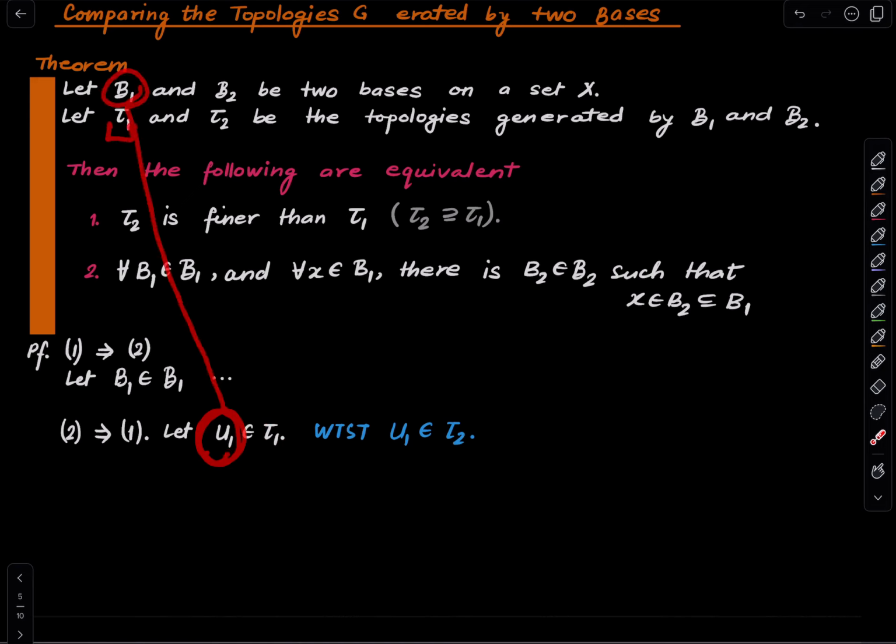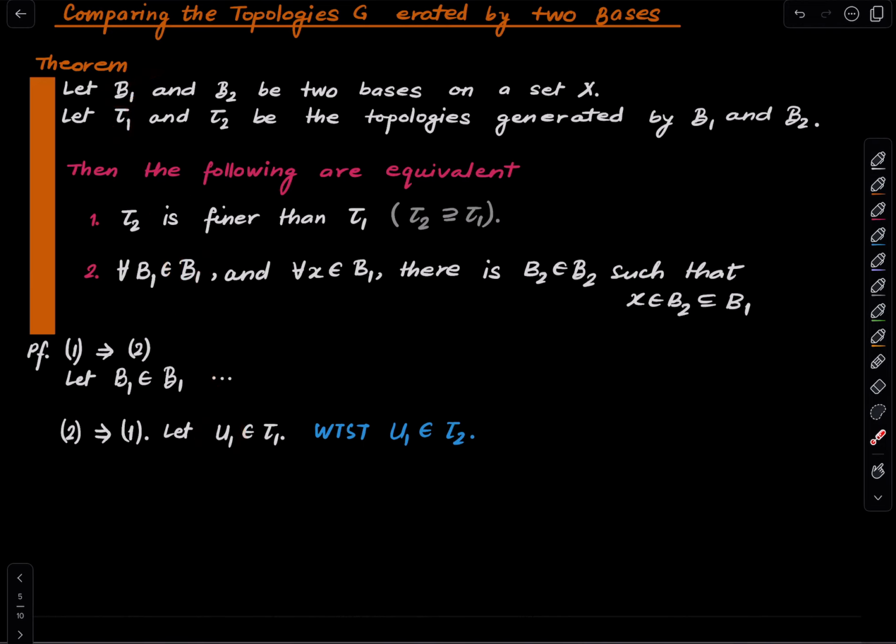Because what is tau1? By the previous proposition, tau1 is precisely those sets which can be written as the union of some of the elements of script B1. So U1 can be written as the union of some of the elements of script B1. And now each element of script B1 in turn can be written as the union of some of the elements of script B2. And therefore U1 can be written as the union of some of the elements of script B2. And therefore U1 is there in tau2.